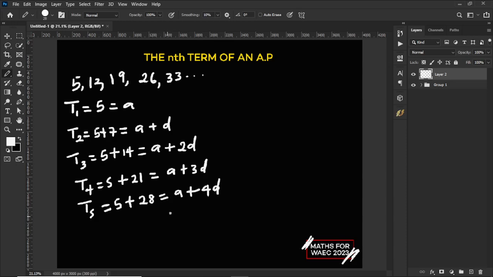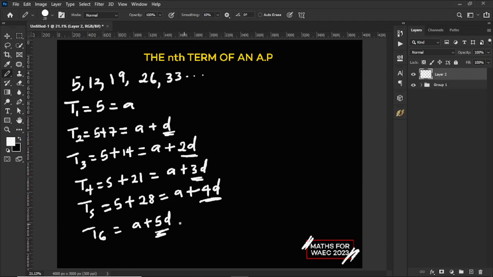So do you get that now? What do you think the pattern is going to be? A plus 5D. With this, if you look at it, you'll see that the coefficient of D is always 1 less than the number of the term.